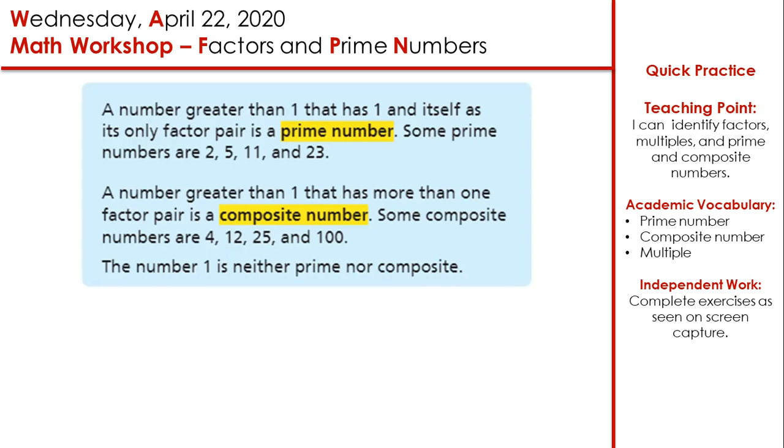Now, I dare you to try to divide these numbers by a number that is different than themselves or 1. If we try the number 2, for example, we can divide by 1 and that will be equal to 2. And the only other number would be by itself, which is 2. If we try another number, we won't get a whole number. So if we try to divide it by 3, we get a fraction.